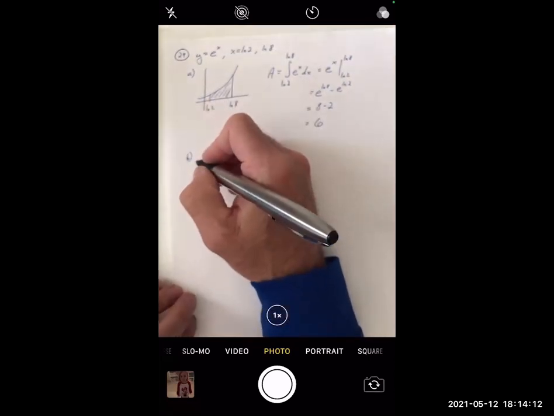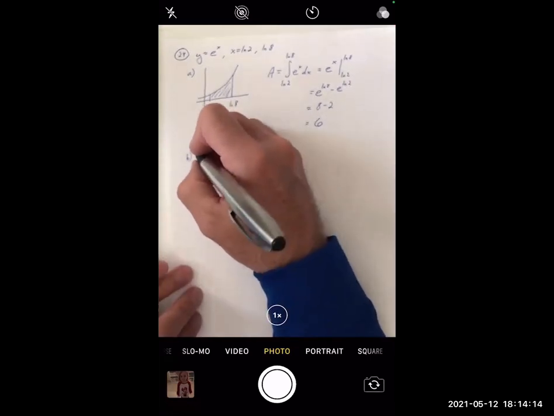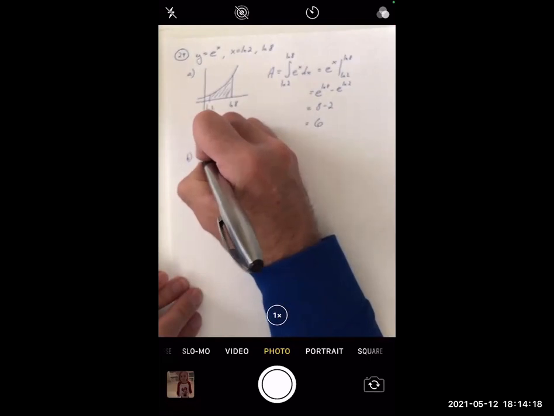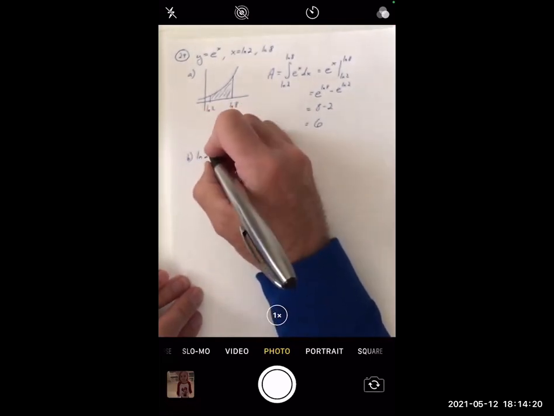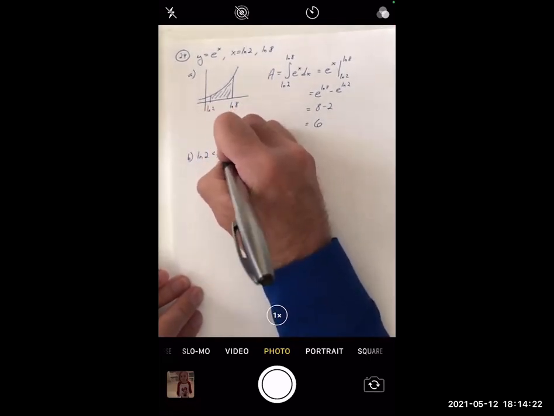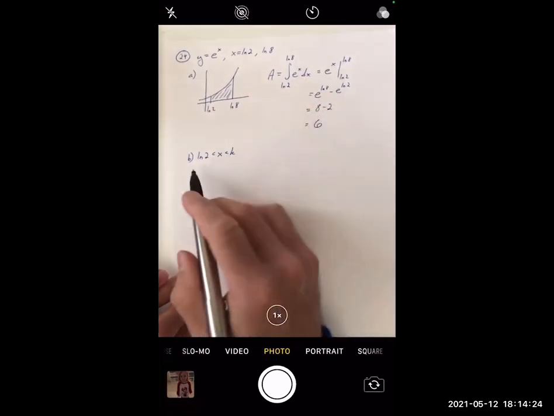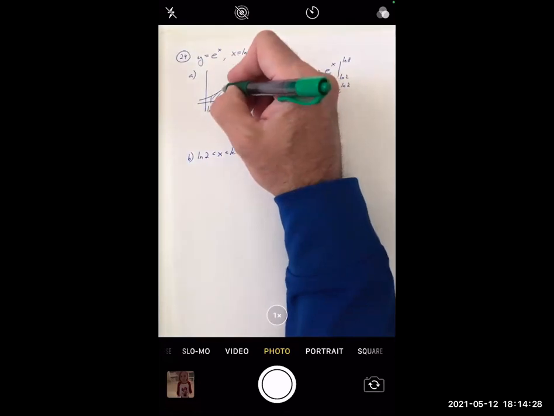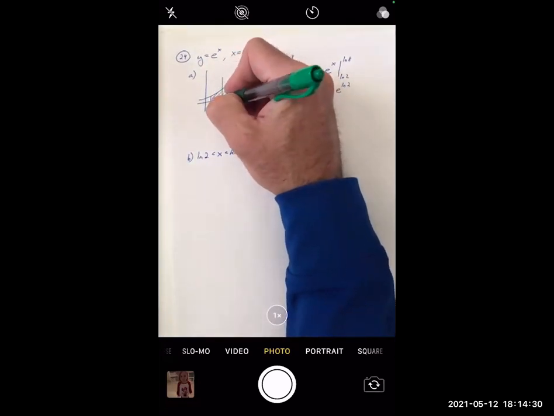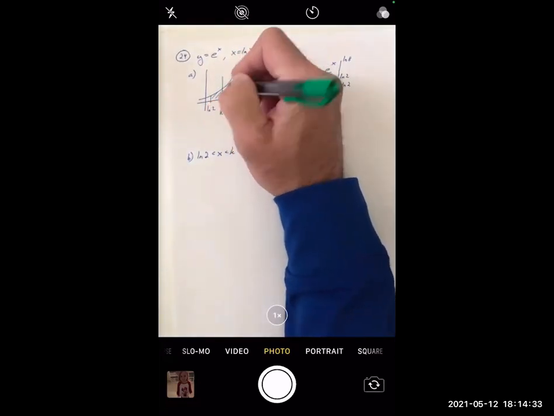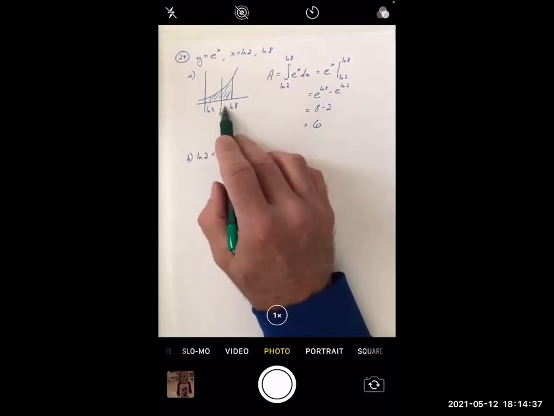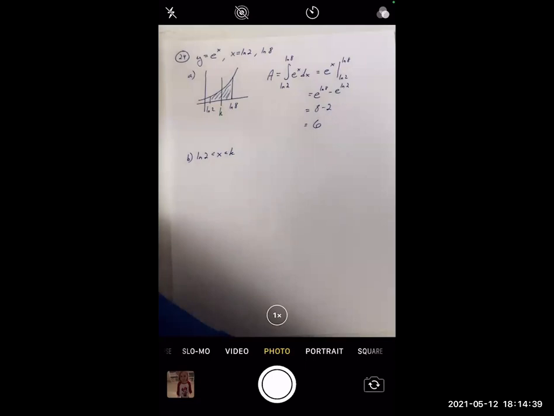Okay, so for B, it's one of those things where you can edit and edit and edit, and there's still some sort of typo. It said that there's some line that splits region R into two equal halves. It wants to know, where's the line? Where's the K?